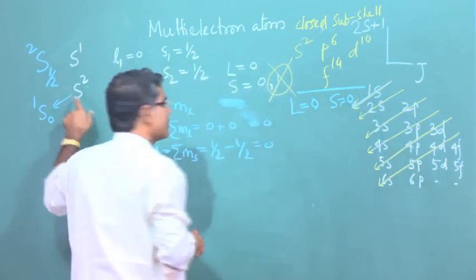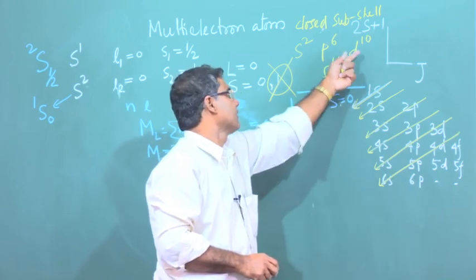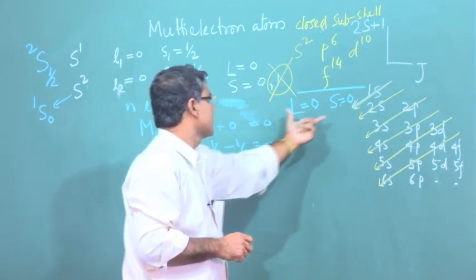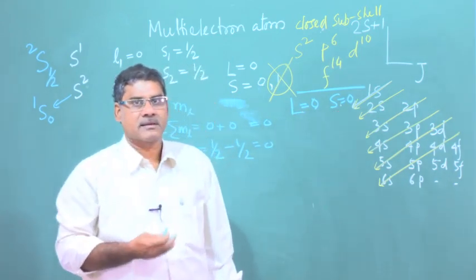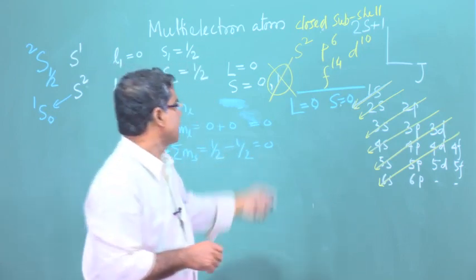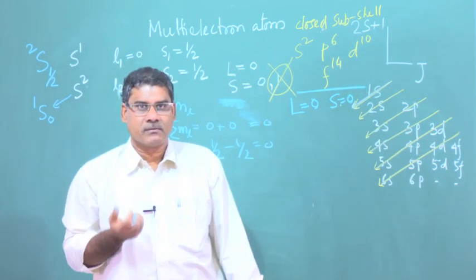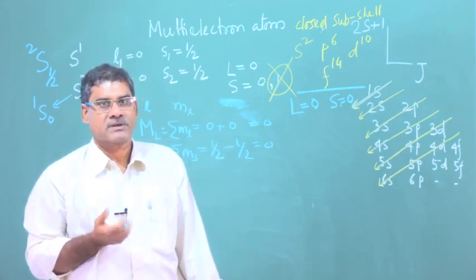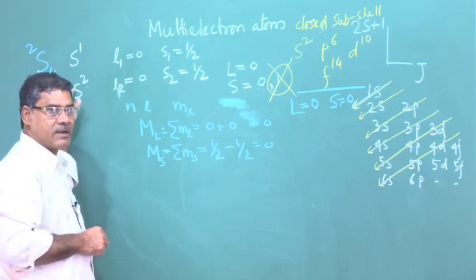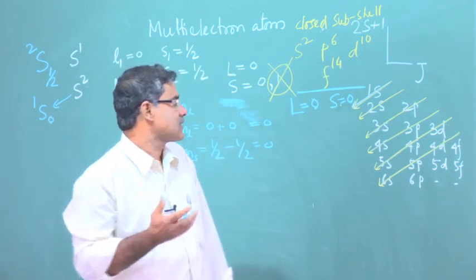Okay. So, one I have shown here. For p6 also the same, d10 as well as f14, the resultant L and S are 0. So, neon has 10 electrons, so 1s2, 2s2, 2p6. For neon it is a closed shell. For helium, 1s2, helium is a closed subshell.